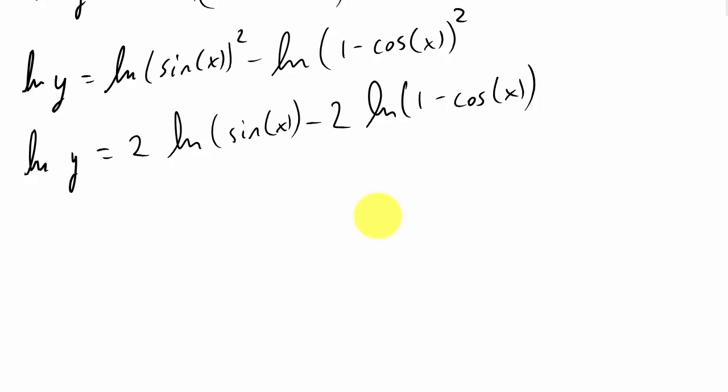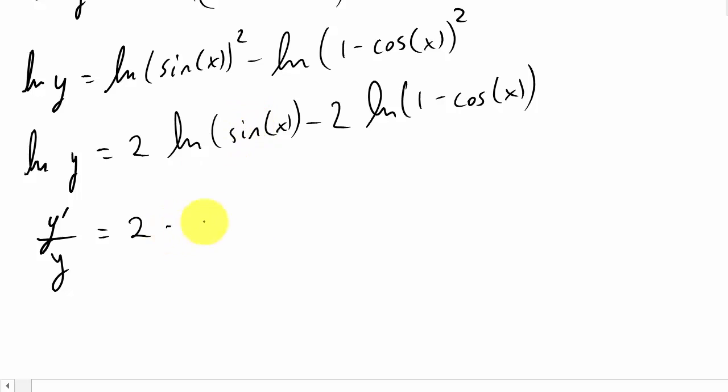Now that we have it split apart, let's take the derivative. The derivative of natural log y: remember, the derivative of natural log is whatever you're taking the natural log of goes in the denominator, and the derivative of that goes in the numerator. We're taking the derivative with respect to x, so that's y prime over y equals 2, and here I have sine x in the denominator, and the derivative, cosine x, in the numerator, minus 2.